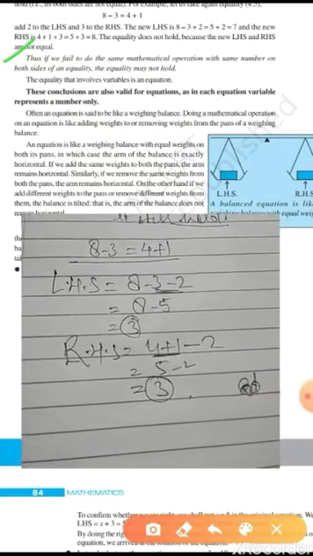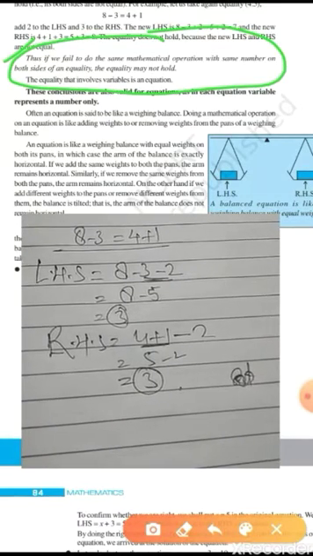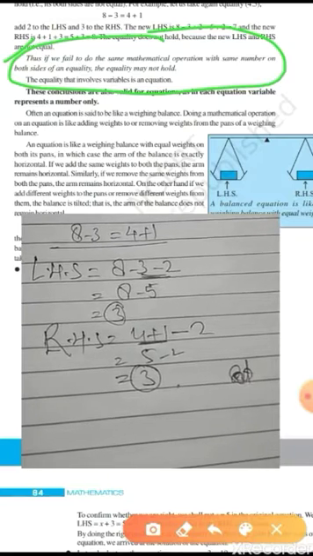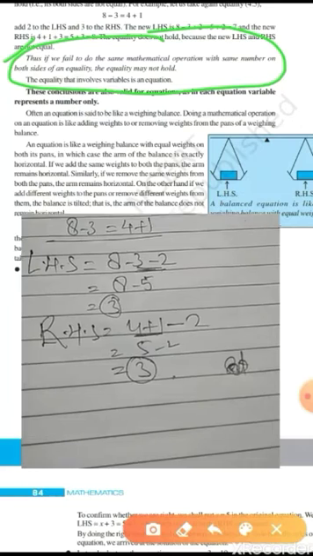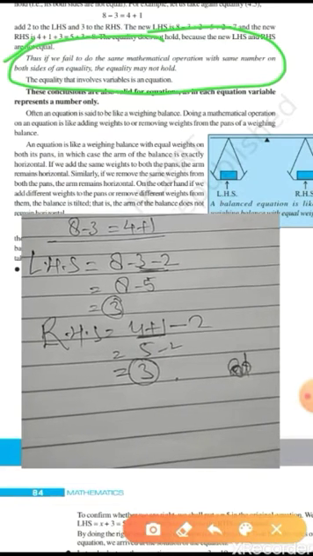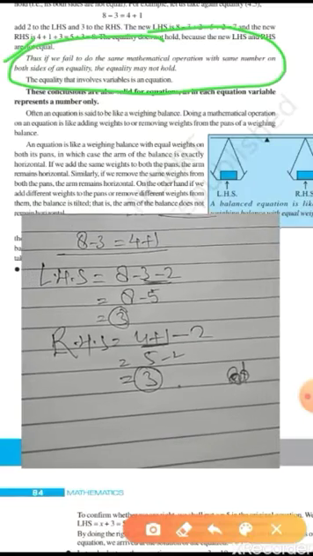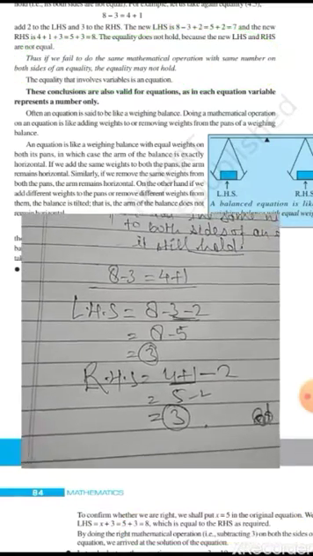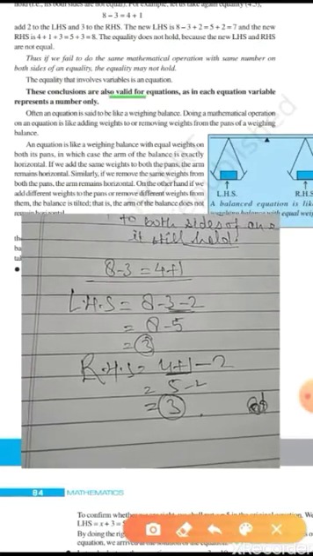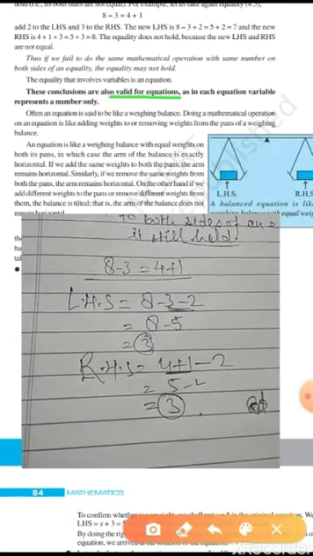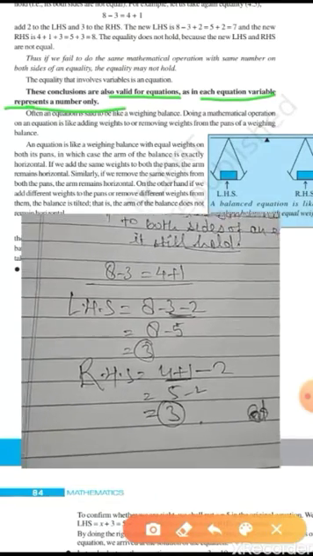If we fail to do the same mathematical operation with the same number on both sides of an equality, the equality may not hold. The equality that involves a variable is an equation.